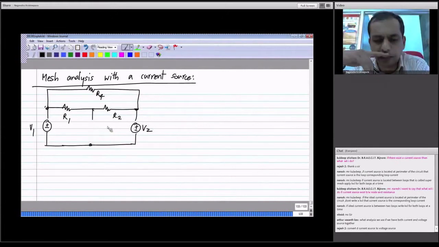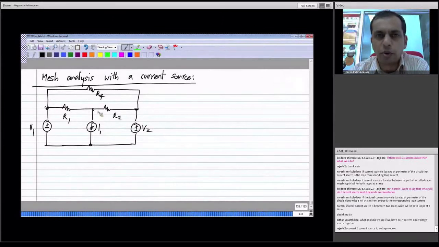Let's say this is the case. Now, as usual for mesh analysis, we have to write KVL. Now, what is the complication here? I would like to have answers from the participants. I initially took a circuit with only resistors and voltage sources. Now I've added a current source. What is the problem? What is the complication with going ahead with mesh analysis for this circuit?